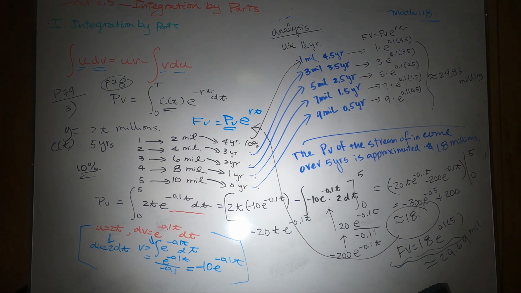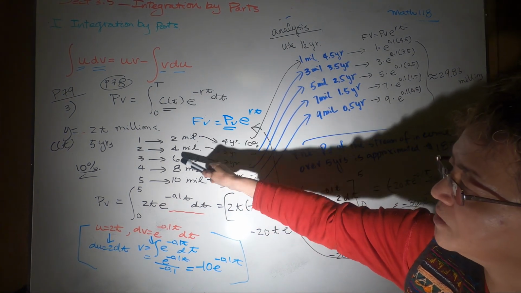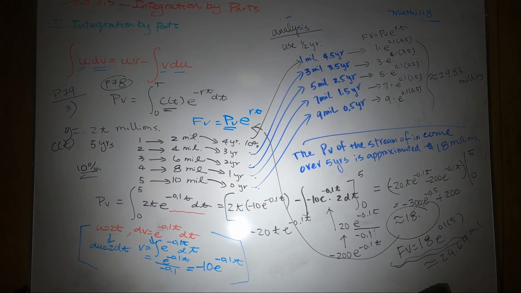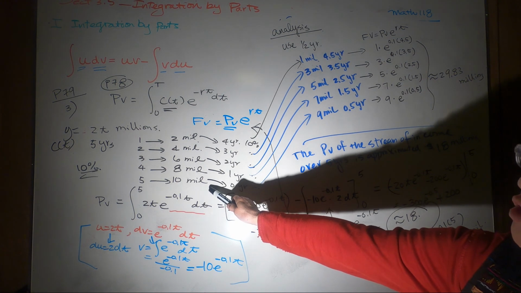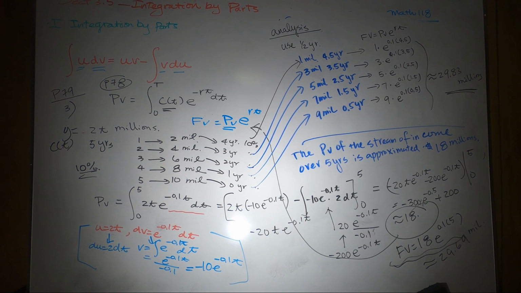Okay, so you can see if you have continuous income like this, 10, 20, 30 million, right? But for the last one, you don't accumulate much interest on that. So if you do the analysis, it will be about that much by the end of the 5th year.